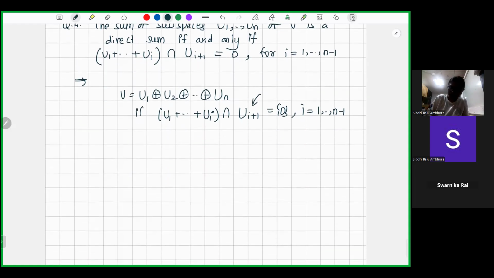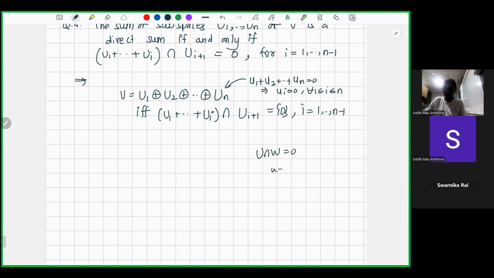Okay, so when we say this, it means that if u1 plus u2 plus ... plus un is 0, this implies ui is 0 for all i. This is what it means. In a direct sum, we know that U intersection W is 0. That means no u plus w becomes 0 other than u and w both being 0.